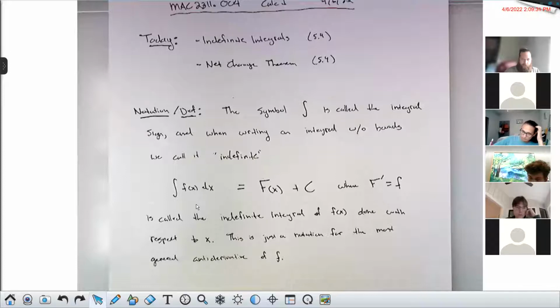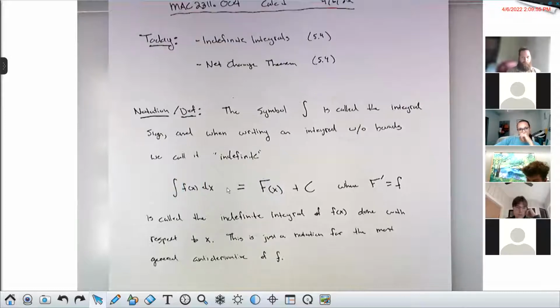Because the definite integral as its main step is like find an antiderivative, then plug in the bounds and subtract, the integral symbol without bounds is a convenient logical notation for find the antiderivative. This doesn't involve the F of b minus F of a. There's no plugging in because there are no bounds to plug in here.